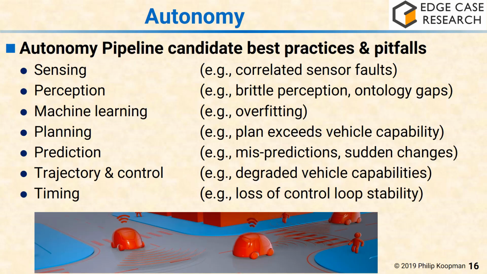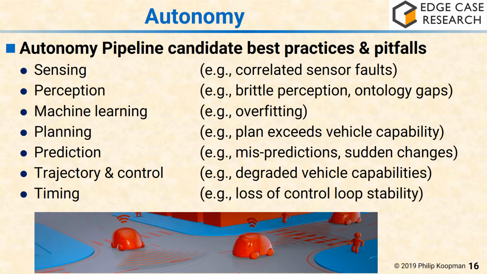There is a section on autonomy. It's structured as an autonomy pipeline. There's no requirement to structure your autonomy in a particular way according to this pipeline. It's just a way to describe the building blocks that tend to typically be around. And so there's a section on sensing, and each subsection just talks about the various types of things that are good practices and the type of pitfalls that are common. So in sensing, it in particular talks about correlated sensor faults, because those are often an issue with safety cases, but many other things as well.